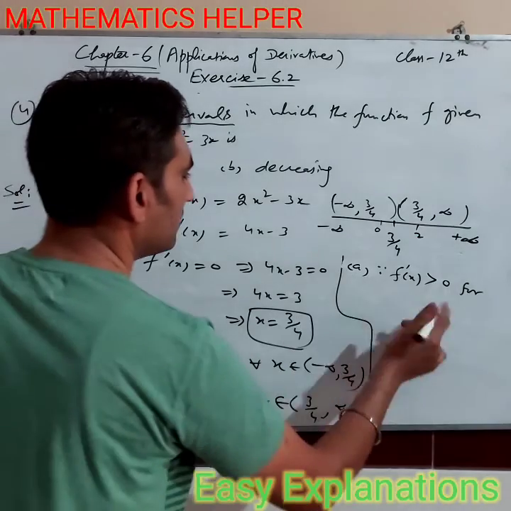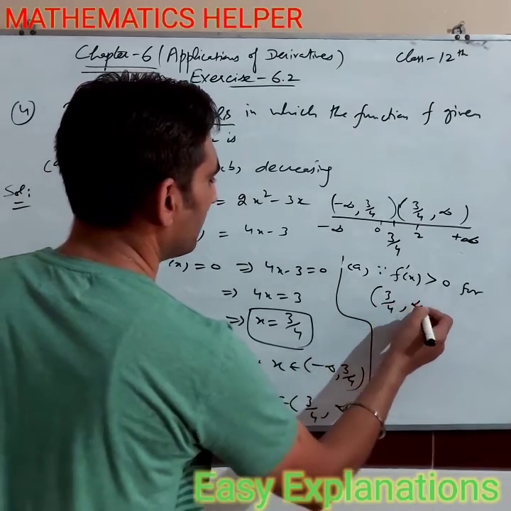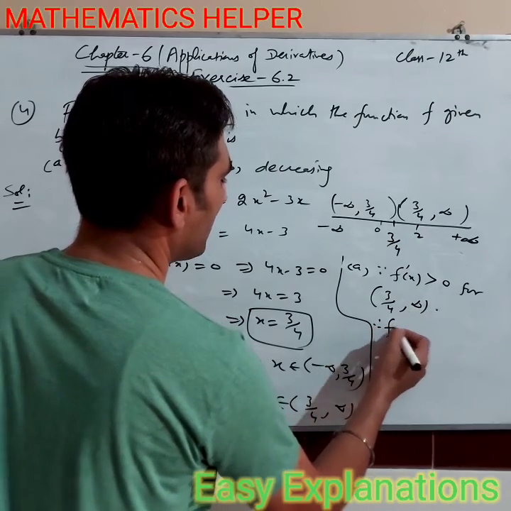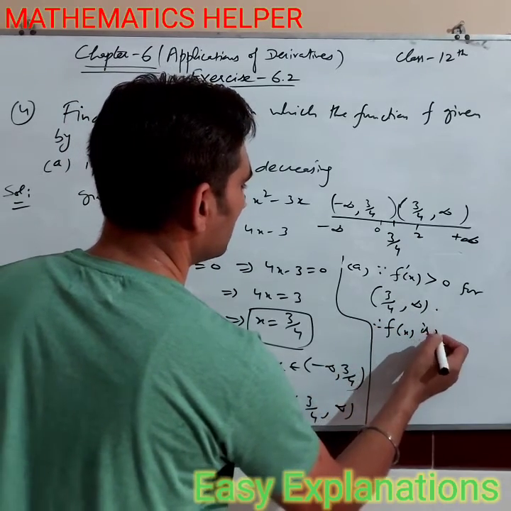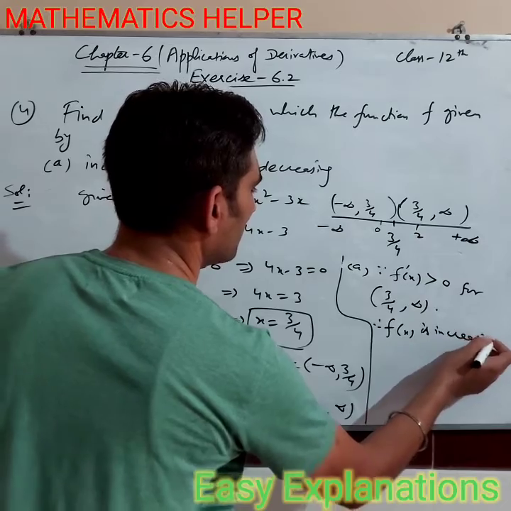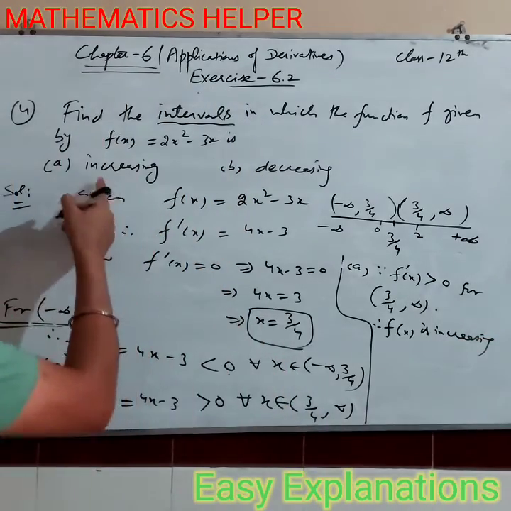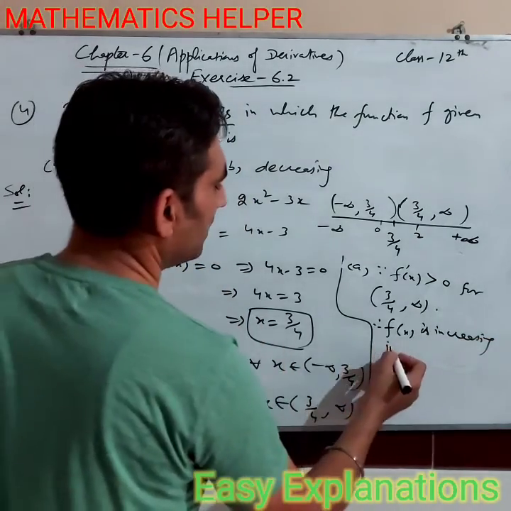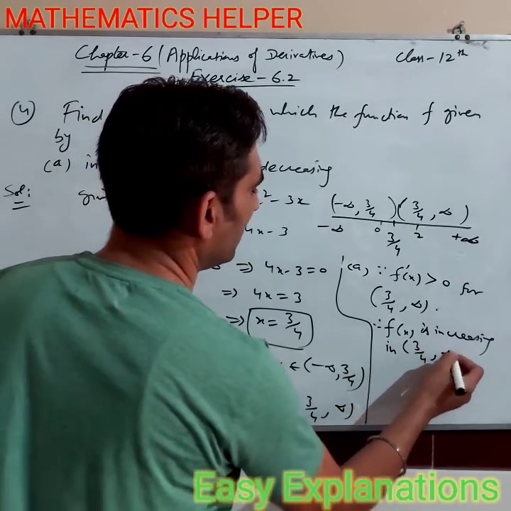What is the interval? 3 over 4 to infinity. Therefore, fx is increasing in 3 over 4 to infinity.